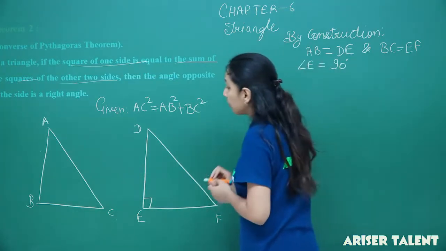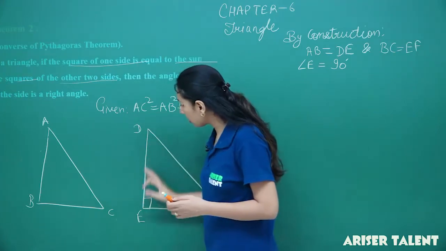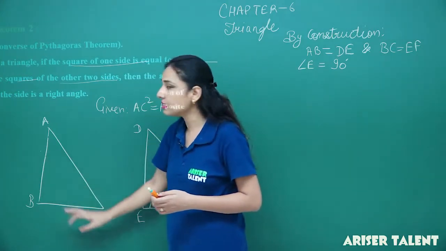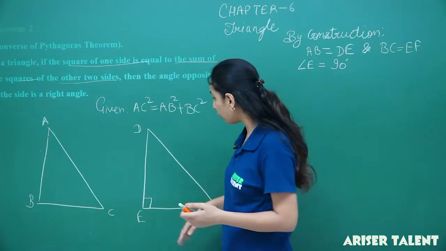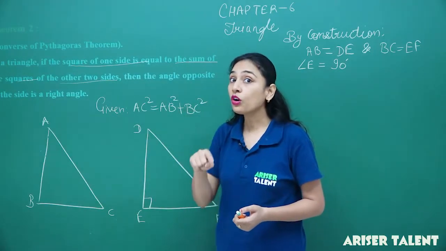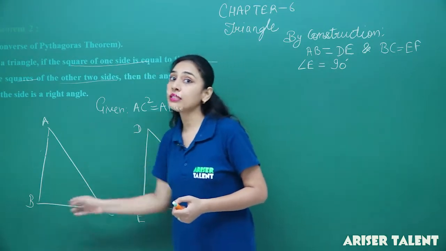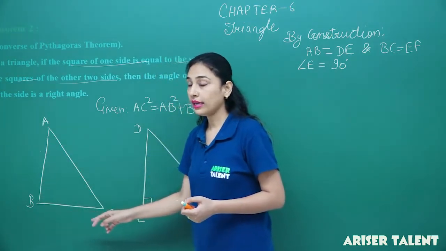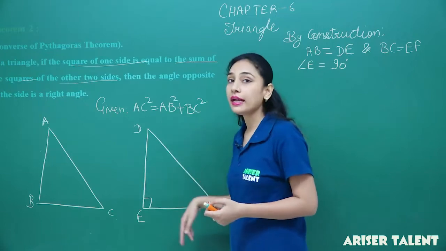Now, why am I doing this? Because I have constructed this side equal to this and this side equal to this. If somehow I prove that these two sides are also the same, then I have three sides equal to these three sides.